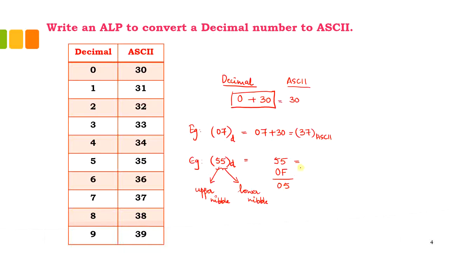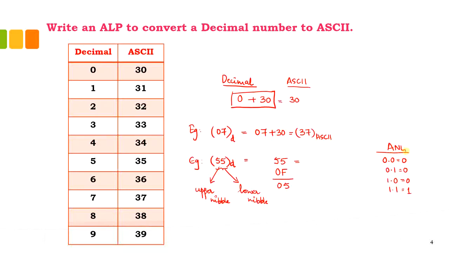You can see here, when I mask it with 0F, this is going to be equal to 05. That is because masking is nothing but performing the ANL operation, that is the AND operation. In AND operation, you know that 0 into 0 will be equal to 0, 0 into 1 will be equal to 0, 1 into 0 will be equal to 0, 1 into 1 will be equal to 1. The operator that you generally use is ANL.